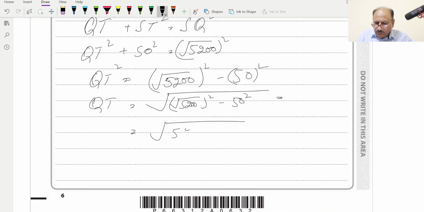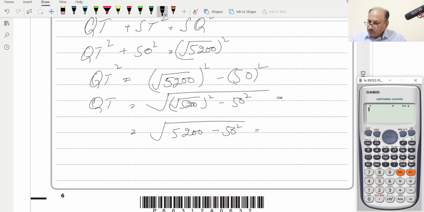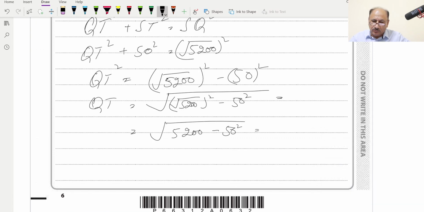So net will be 5200 minus 50 squared, which is equal to 30 under root 3. Basically we are not allowed to use calculator, so I will not be using calculator for this.